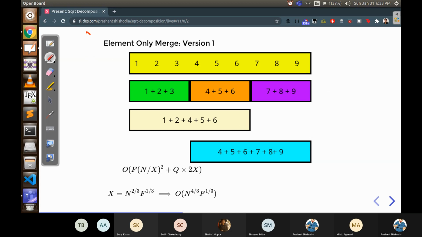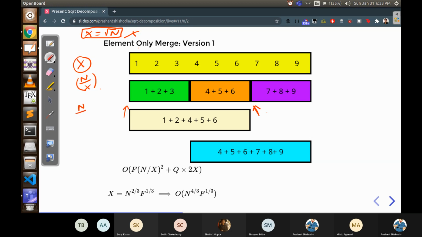I'm not using x equals root n here, that part is gone. So I'm using blocks of size x, and then there will be n by x blocks, right? And I'll pre-compute the answer starting at each block and ending at each block.